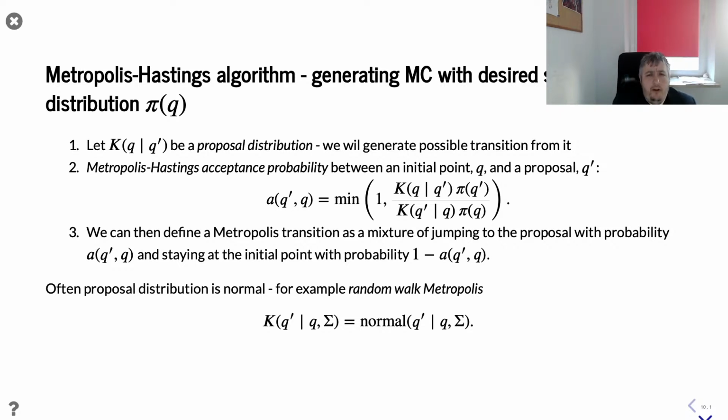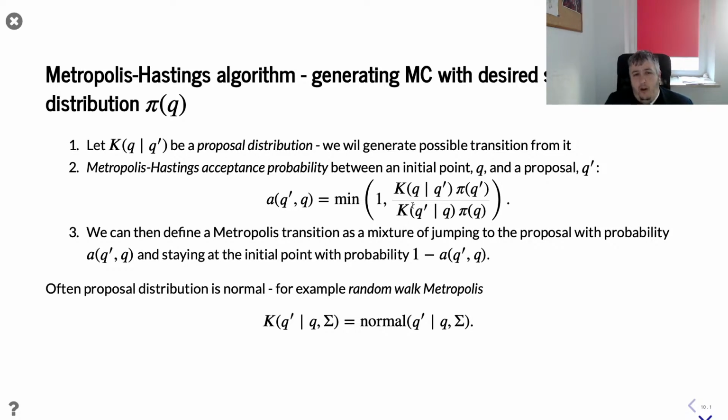The acceptance probability is the minimum of 1 and the fraction of the value of the newly proposed point under the distribution of interest divided by the previous value, times the ratio of the proposal probabilities: the probability of moving from the new point to the previous one divided by the probability of moving from the previous one to the new one. If the proposal is symmetric, then of course this cancels.